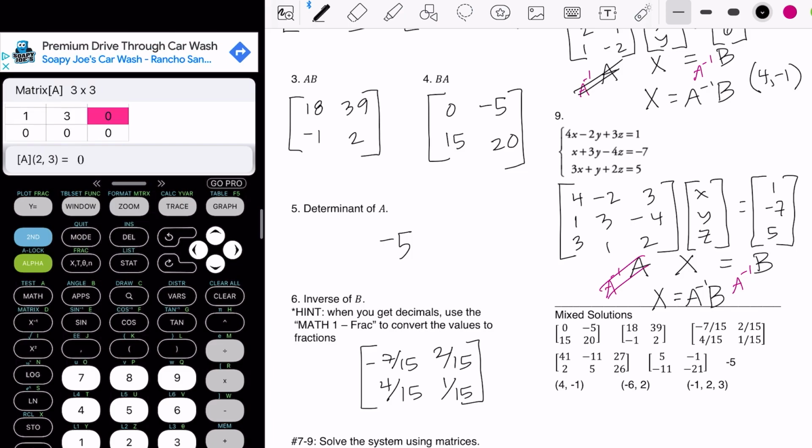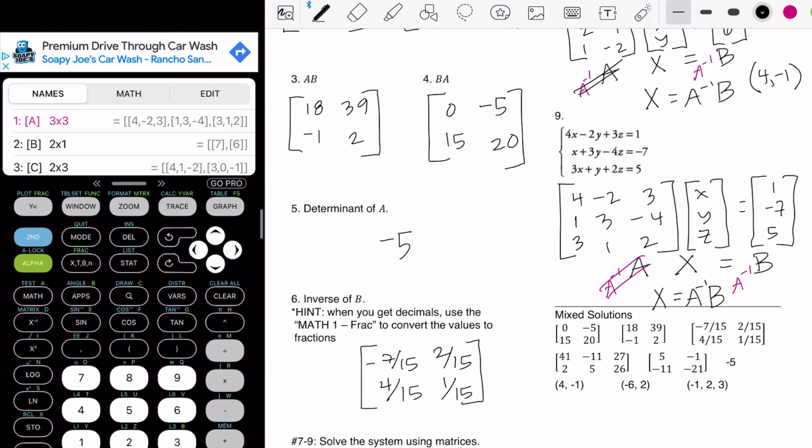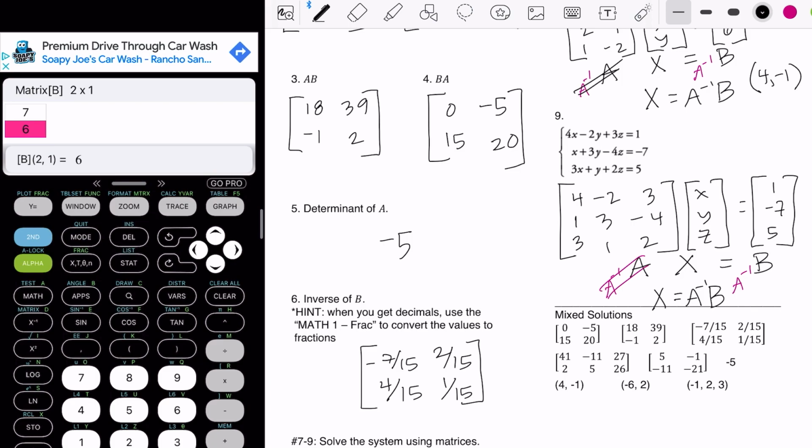If you ever don't get the right answer for these, you probably plug something in wrong. So you would want to make sure that you double check your entries. Matrix B is now a 3 by 1. So I'm going to change that, and it is 1, -7, and 5.